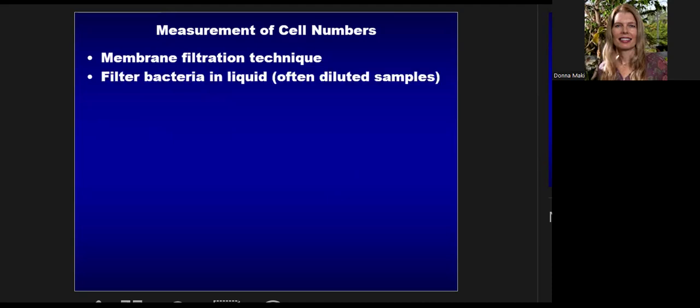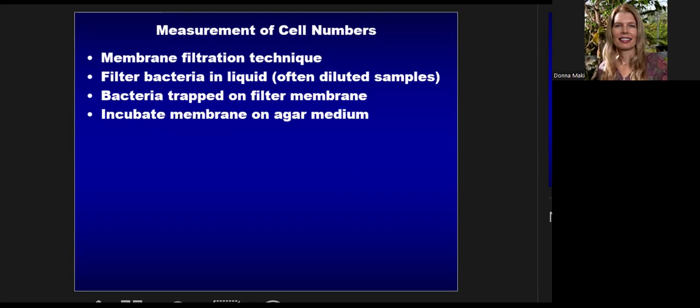What you do is you can grow up bacteria in liquid, and then you can filter them through a filter and catch the bacteria. They'll be trapped on the filter membrane because they won't be able to fit through it. The liquid goes through, but they're caught on the membrane.